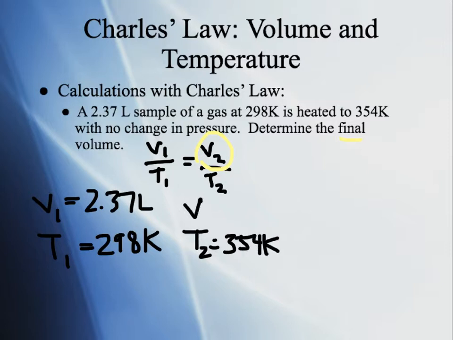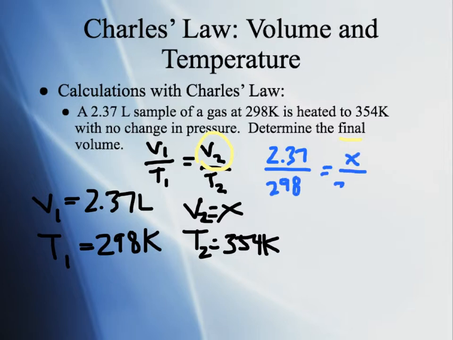And it's asking to solve for V2, which is our X. So if we plug in these numbers to the equation, we'll have 2.37 over 298 equals X over 354.